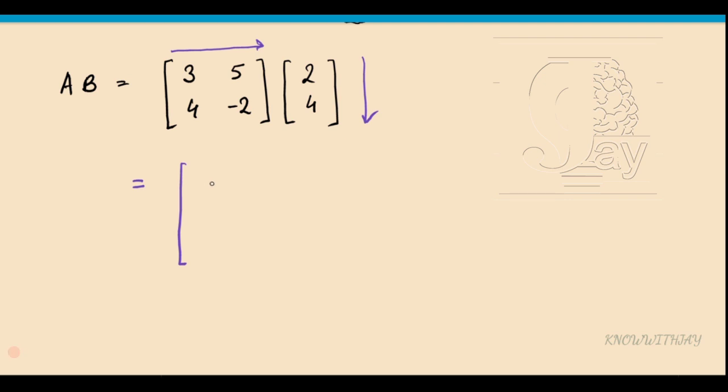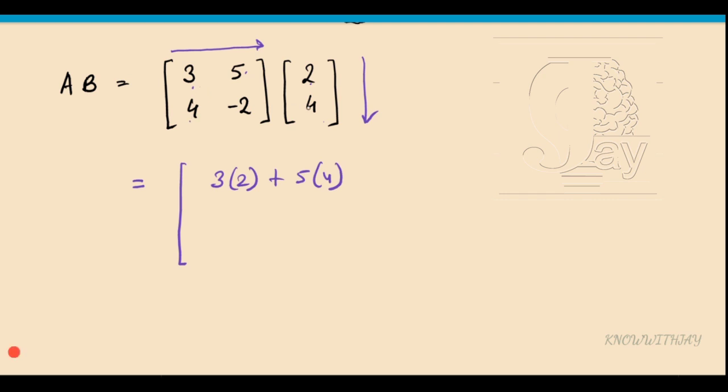We have first row first column, so that's first row 3 into 2 and 5 into 4, so 3 into 2 plus 5 into 4. Now since in the second matrix we don't have another column, so we cannot go to the next column. We only have one column.